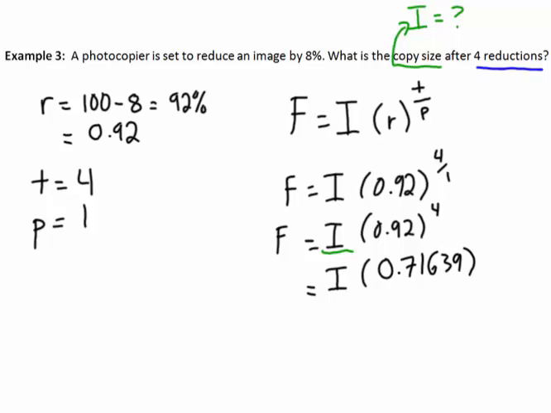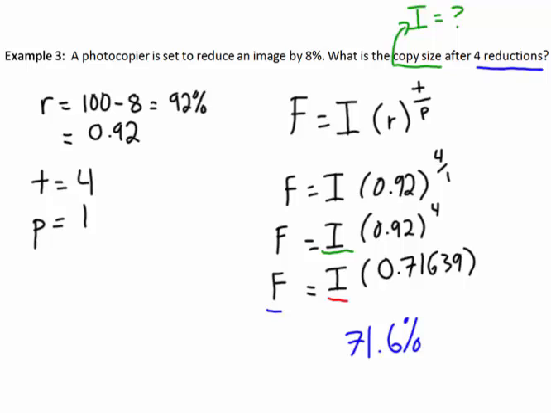And from here, we can actually answer our question. We don't know what the original I was, but we know that the final amount will be the original I multiplied by this decimal. Or we could say this another way, that the final amount will be 71.6% the size of the original.